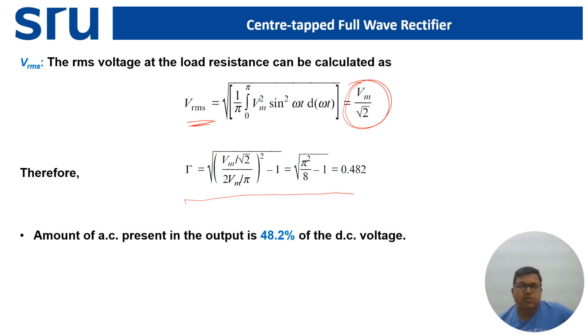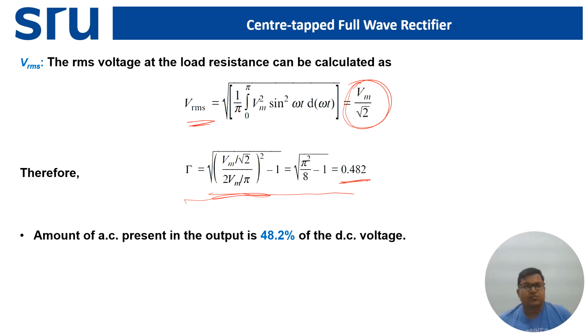We put VRMS, which is Vm by root 2, and VDC, which is twice Vm by pi. As you can see, Vm cancels out, meaning this term becomes entirely independent of Vm. It does not matter how much your V peak or V maximum is.